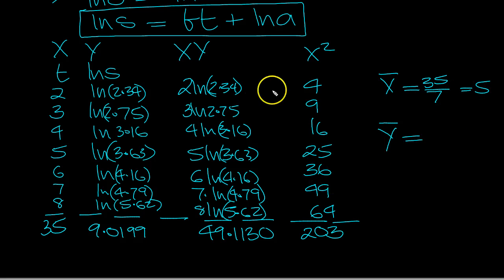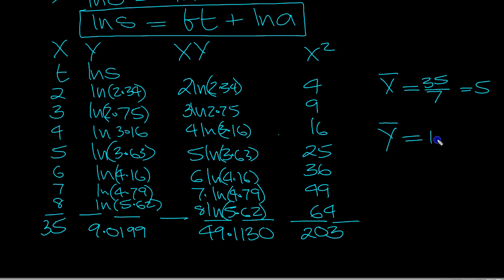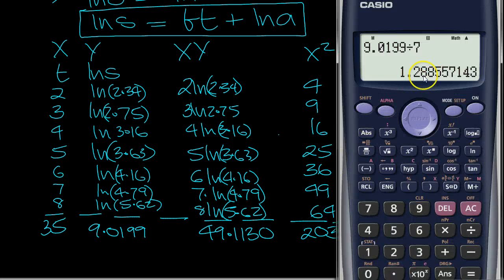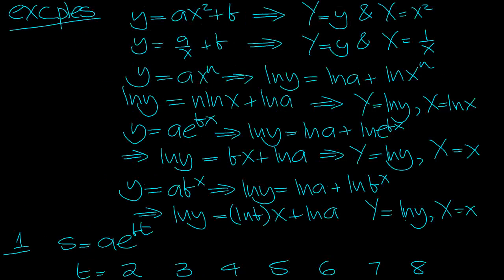And y bar is sum of the y's, 9.0199, divided by 7 equals 1.28855. 1.2885, and that was a 6, I think, if I round it. Yeah, 5.6. Okay, good. So now we need our formula, and we'll work out M and C now.